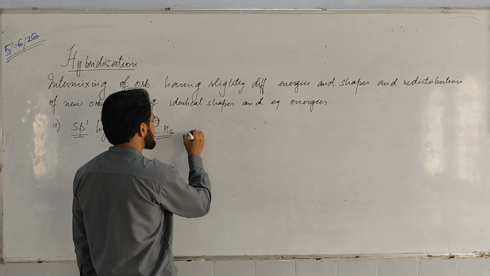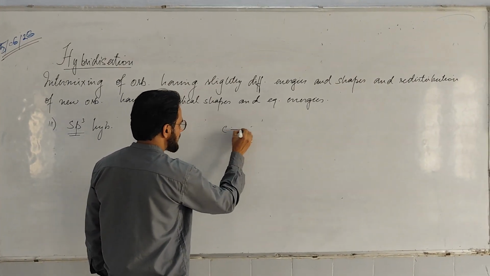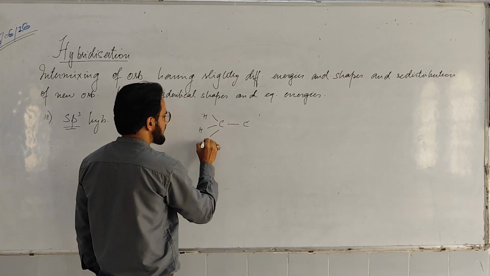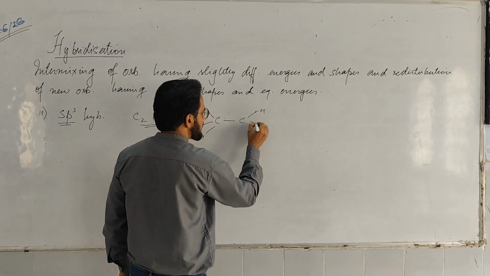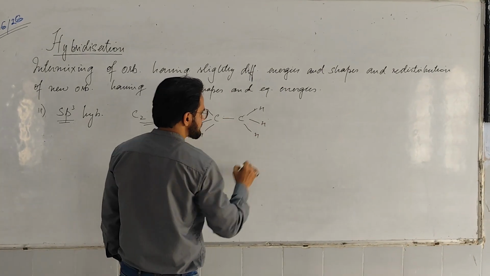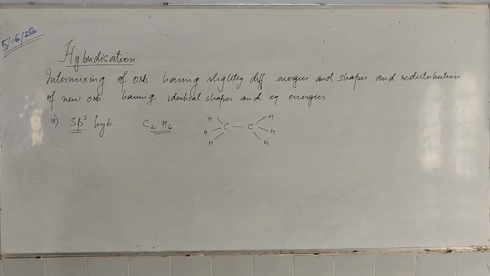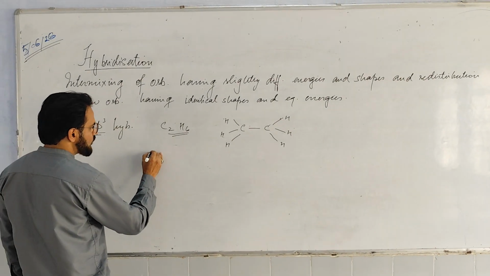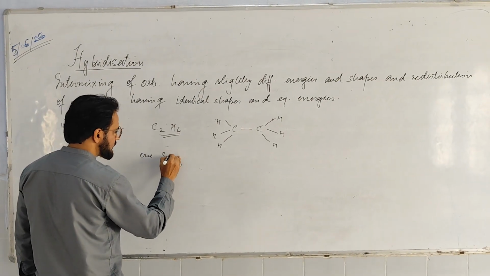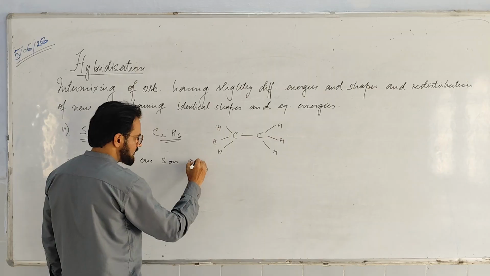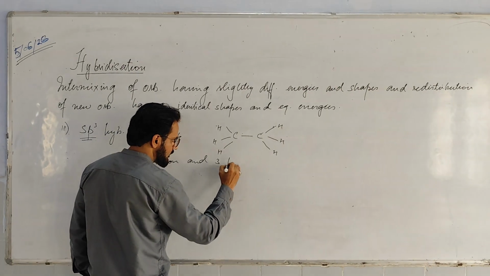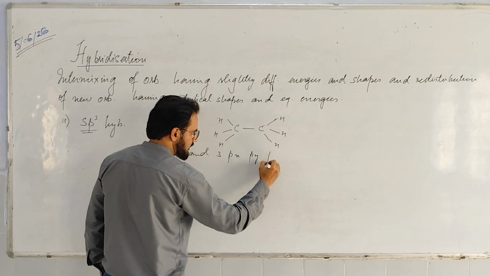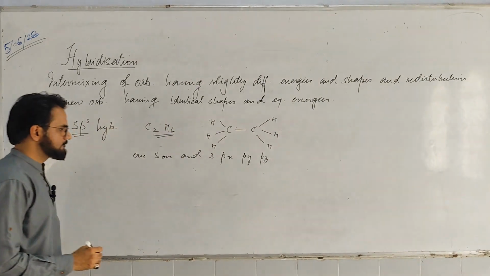C2H6 has a carbon-carbon single bond, and each carbon contains three hydrogen atoms. In this, you can see one s orbital and three p orbitals, px, py, pz.